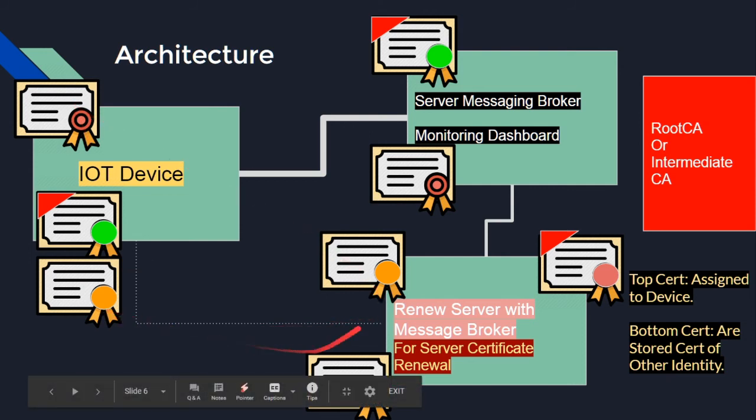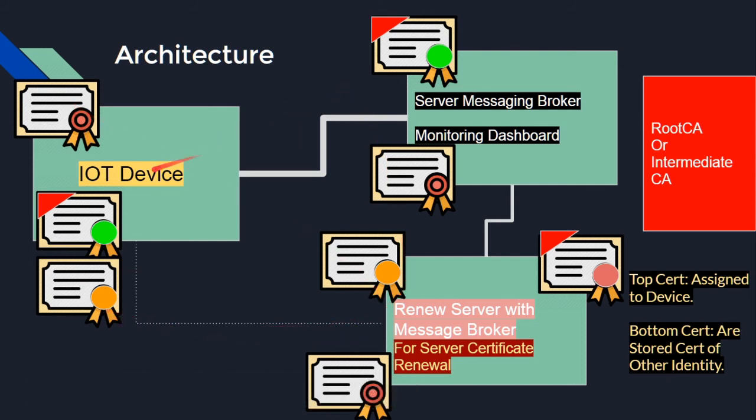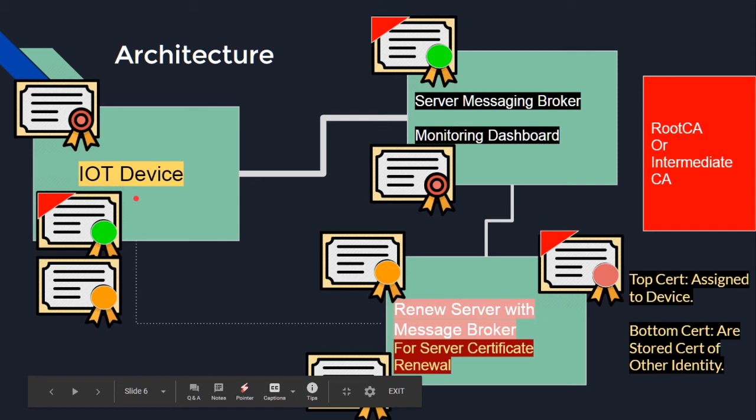So in this fashion, if it so happens that the IoT device is not able to update its certificates after a specific period of time, in our platform we will blacklist that IoT device. In this way the whole system is designed.